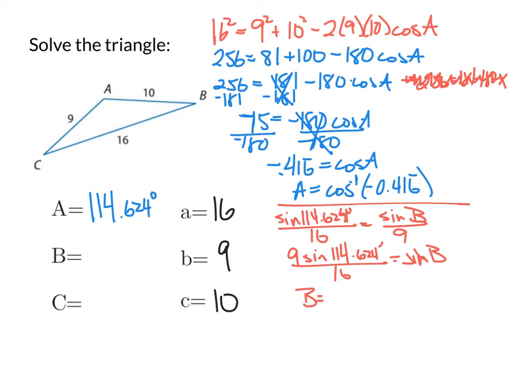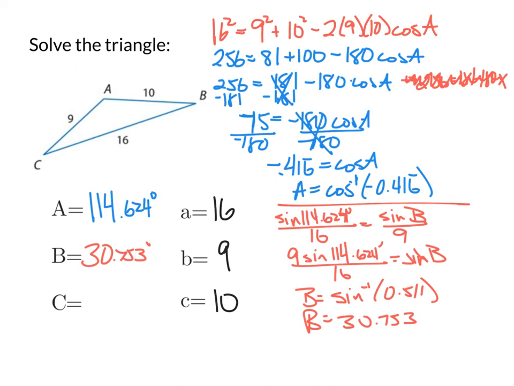So using the answer key, 9 sine of 114.624 divided by 16 is going to be 0.511. And when I take the inverse sine of that 0.511, we get 30.753. Now, when I say I'm using the answer key, I mean that on my graphing calculator, instead of taking these decimals that are cut off to 3 decimal places, I use second and the negative sign in order to come up with the exact answer, the larger decimal, to reduce round-off error.